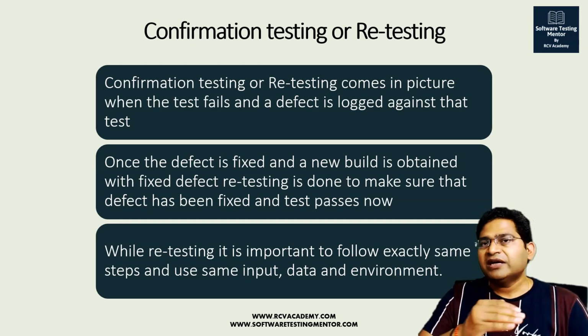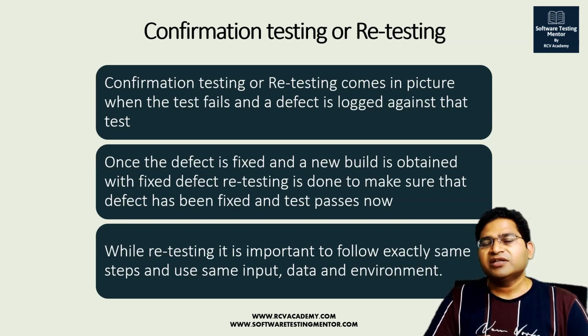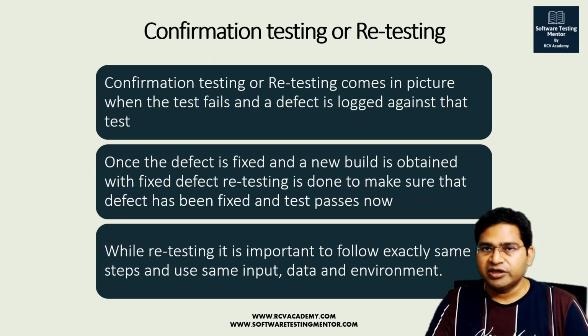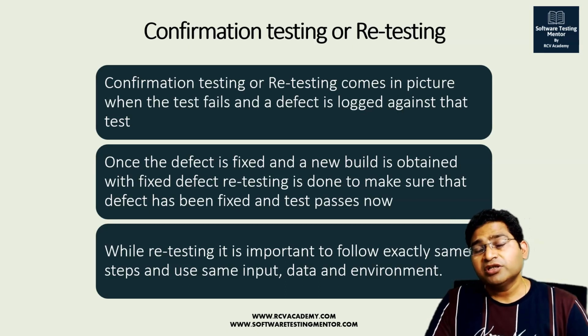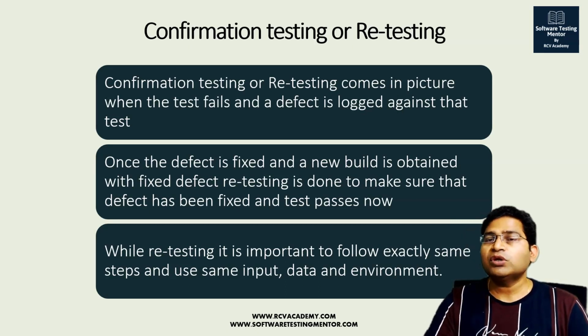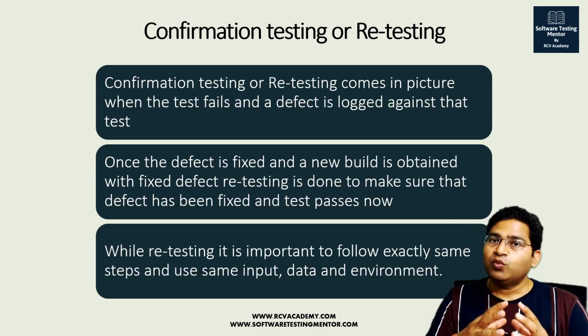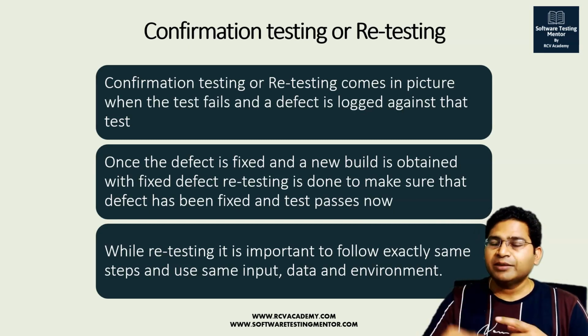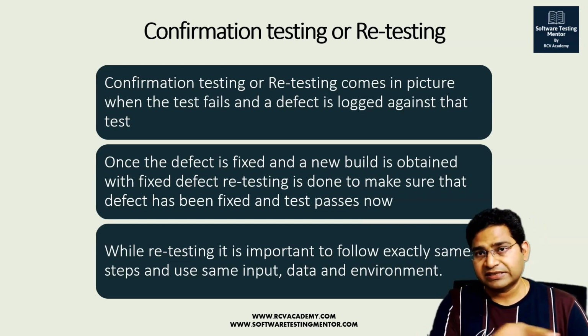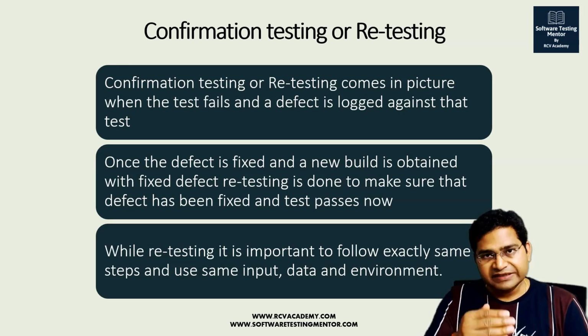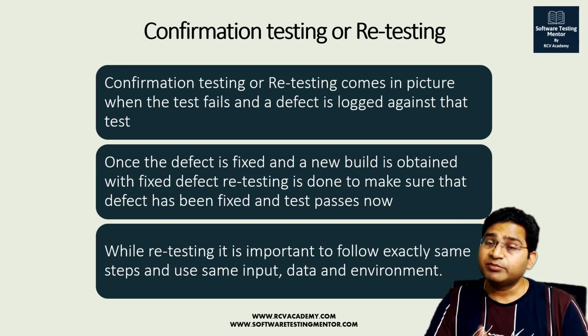Once they have done those changes to fix the defect, they'll retest themselves, right, and then they'll package a new build and deploy it. Okay, now once they have deployed the new build, they'll move that defect to you to retest again. Okay, and when you re-execute those same steps to re-execute the test case for that defect, that is what retesting or confirmation testing is.